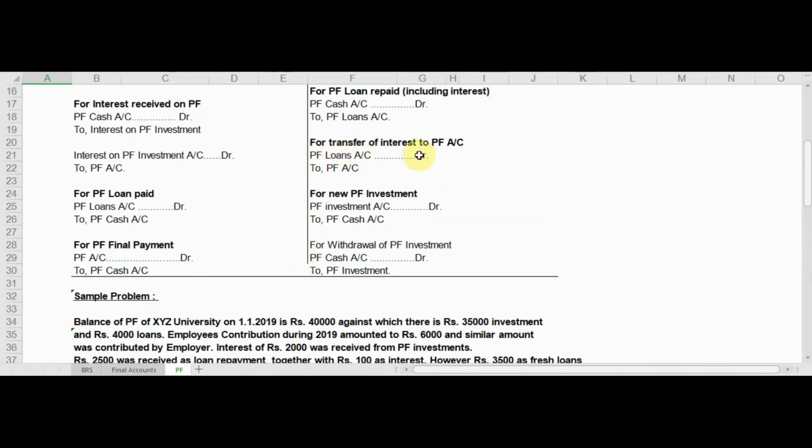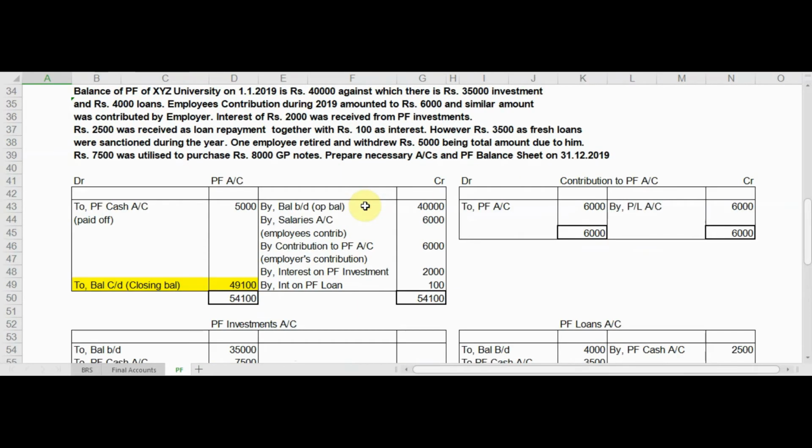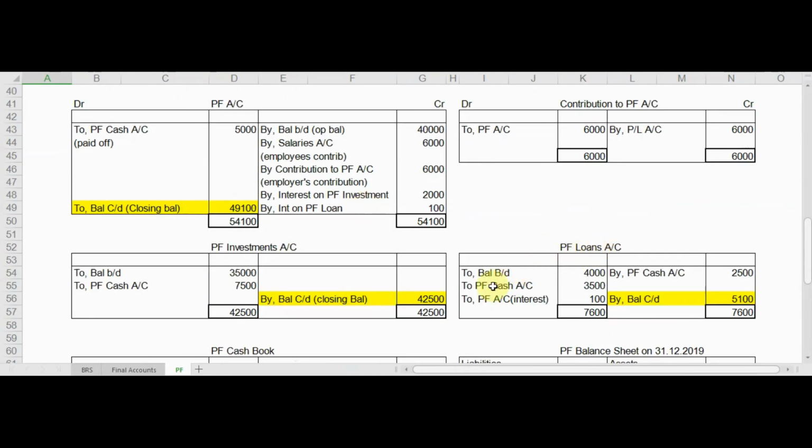For transfer of interest to PF account, PF loans account debit to PF account interest. What is the amount? 100. So PF account is credited by interest on PF loan 100.